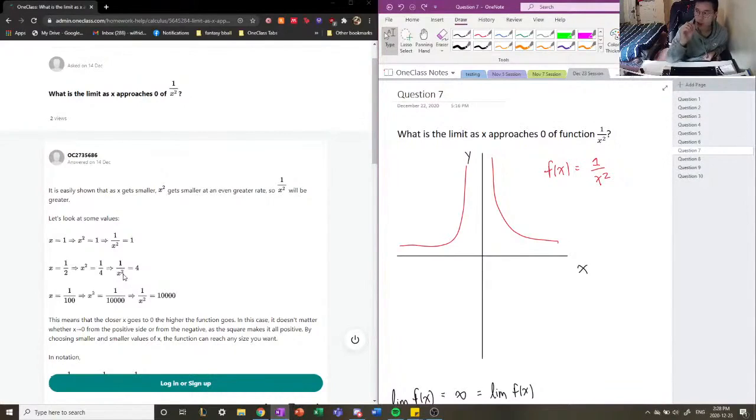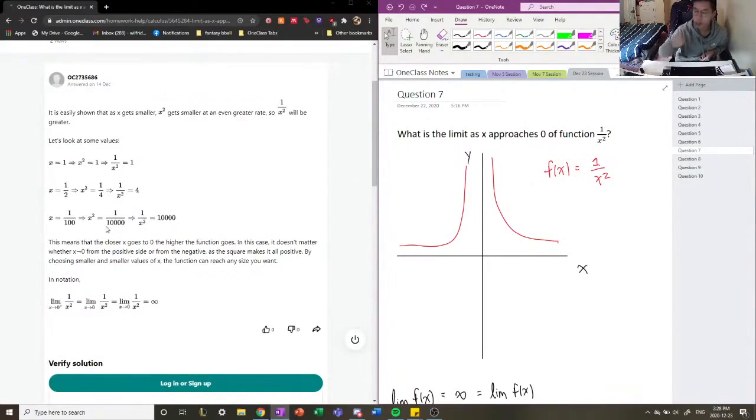So as we get smaller and smaller decimals, like 1 over 100, 1 over 1,000, we get bigger and bigger numbers. Because of that, we know that as x approaches 0, we tend towards huge numbers, or infinity. Another way that you can calculate limits is by using test values.